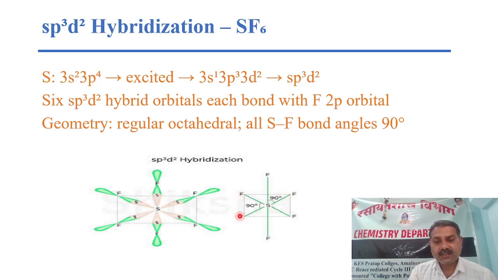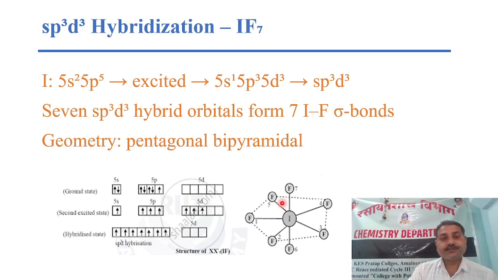We can see the structure of this octahedral geometry, in which 4 hybrid orbitals are directed toward the corners of a square plane, and 2 axial hybrid orbitals are perpendicular to this plane, one above and one below the plane. So all the angles in this octahedral structure are 90 degrees.